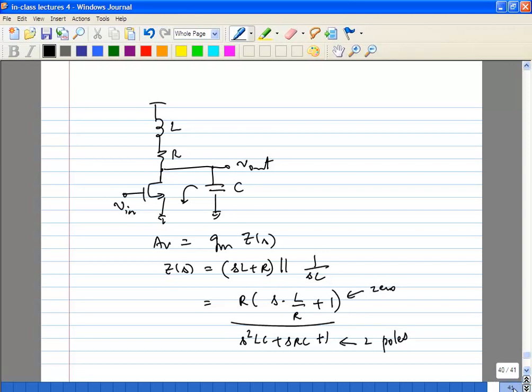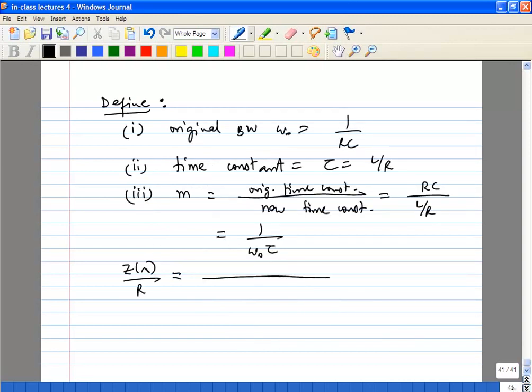We can again replace the S tau plus 1 over S squared tau square m plus... Okay.